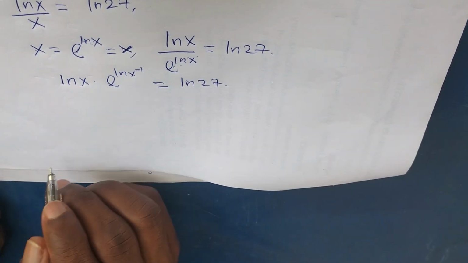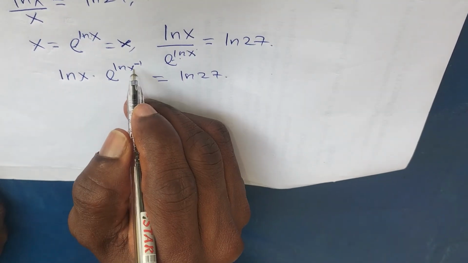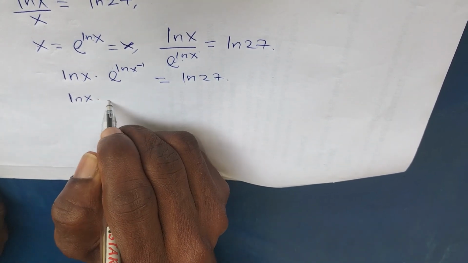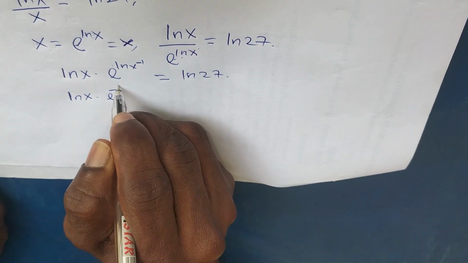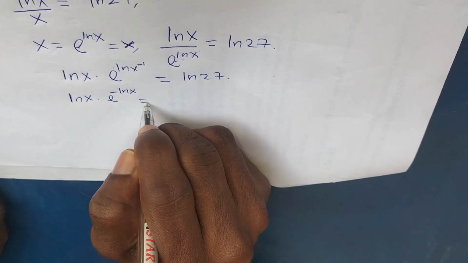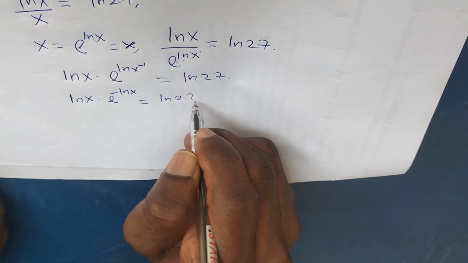We're not wanting this here, so this will come to the back. So I'm going to have ln of x times exponent of negative ln of x, because I'm bringing this negative 1 to the back, which is equal to ln of 27.